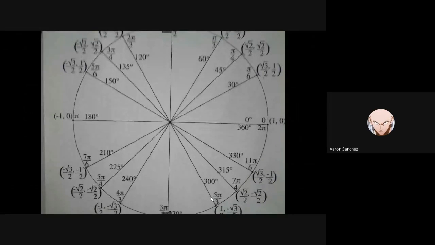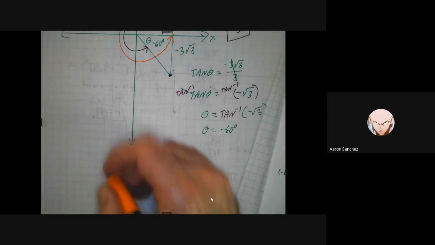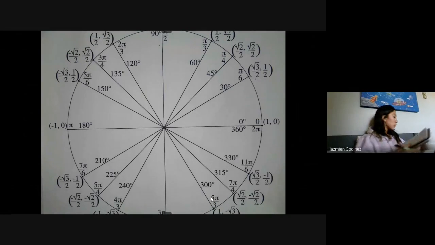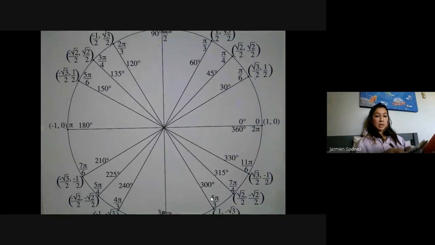Actually, do you have a calculator? I think it'd be easier if you had one. When you take the test, do you have access to a calculator? Yeah, I'll have access to a calculator. Okay, perfect. So use the calculator to find it.